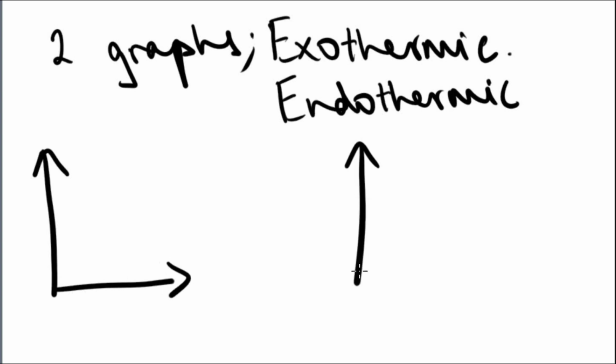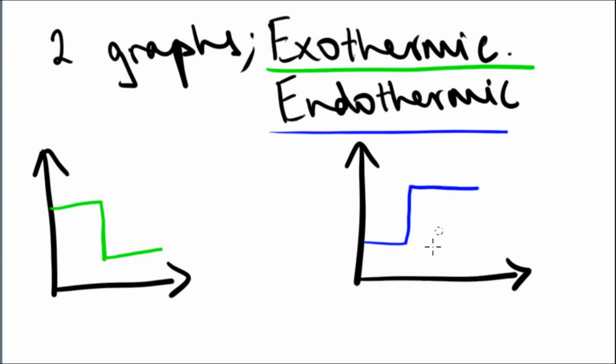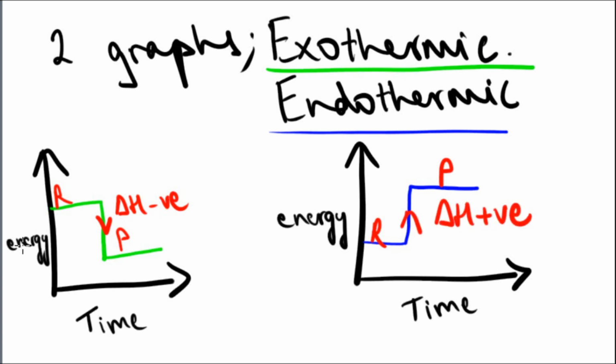For exothermic, the reactants start at a higher energy level than the products, because with the products you're losing energy, so they go from a higher to a lower level. In endothermic, the reactants start at a lower level and then move on to a higher level because the products gain energy. Therefore in exothermic delta H is negative, and in endothermic delta H is positive because of the rise in the graph.